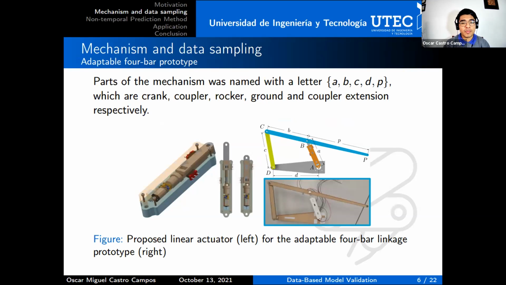This prototype has two actuators. One stepper motor is used to control the angular position of the crank. One linear actuator replaces the crank, so here we have the adaptable mechanism. Both motors are controlled using an Arduino Uno, and with this microcontroller, we get the data.